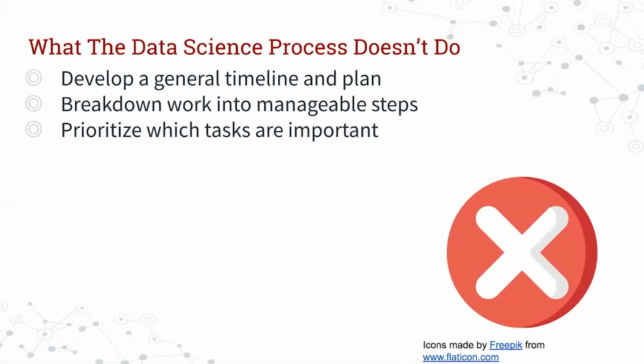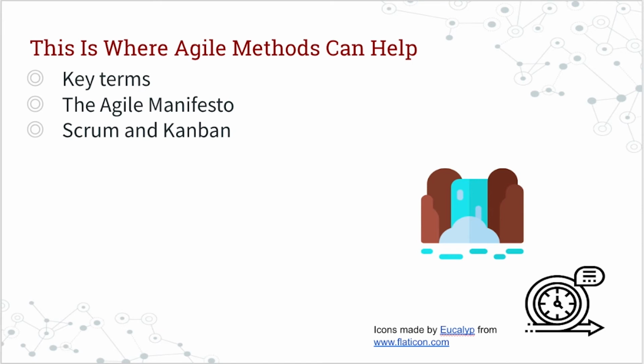There really needs to be a clear step of, what's the strategic goal here? As a data scientist, what are we trying to achieve? Without that, you can spend all day analyzing this data and trying to figure out insights, but if there's no clear goal, you're not going to know where you're going. So this is the problem of the data science process. There's no clear end. This is where Agile can help.